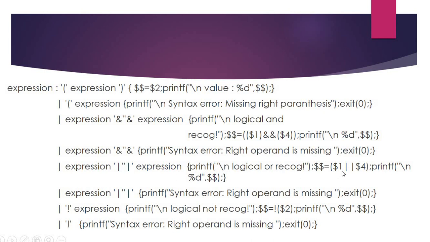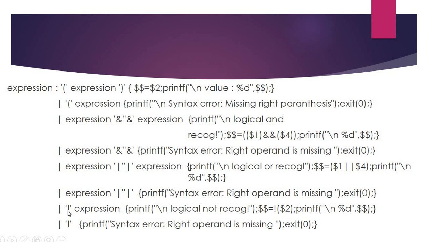So the $1 or $4 value we are assigning to the parent $$. If you want to print, just print the $$ value using printf. An expression followed by vertical bar symbols, if the right operand is missing, is a syntax error.